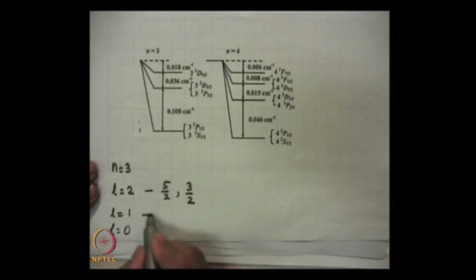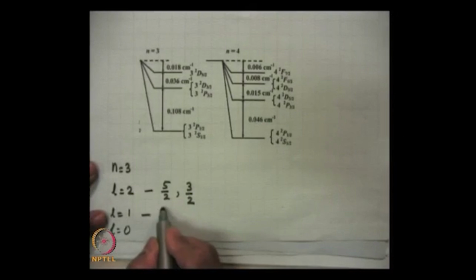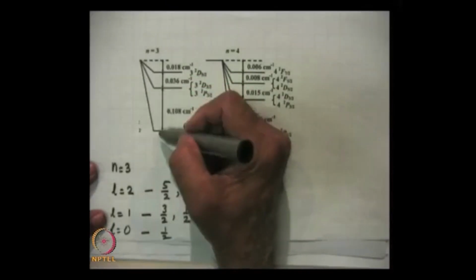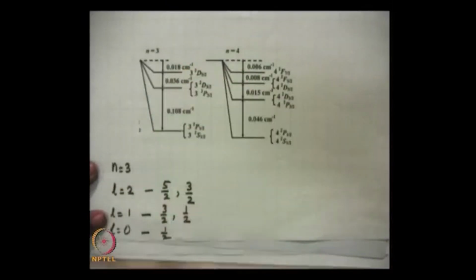When L is equal to 1, this will be 1 plus half, that is 3 by 2 and half. This is P 3 by 2 and P half. When L is equal to 0, then it is only half. So, the n equal to 3 level splits into 3 levels. Once again, the degeneracy is only partially lifted.